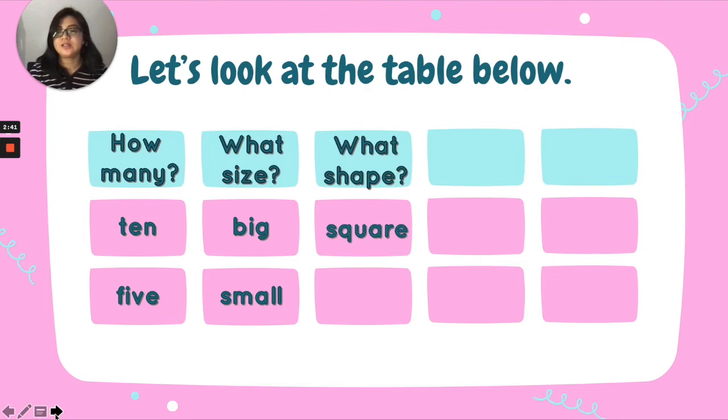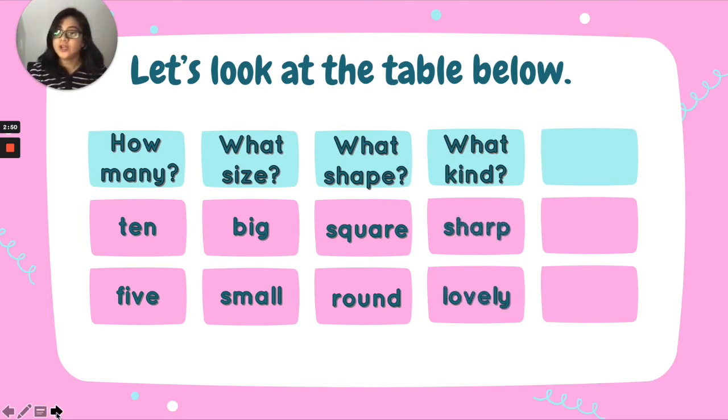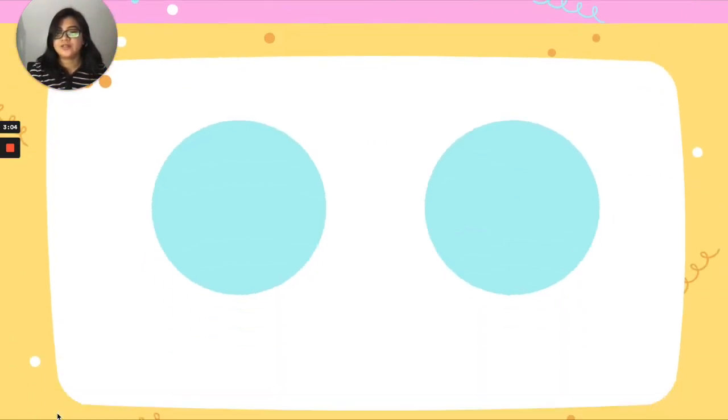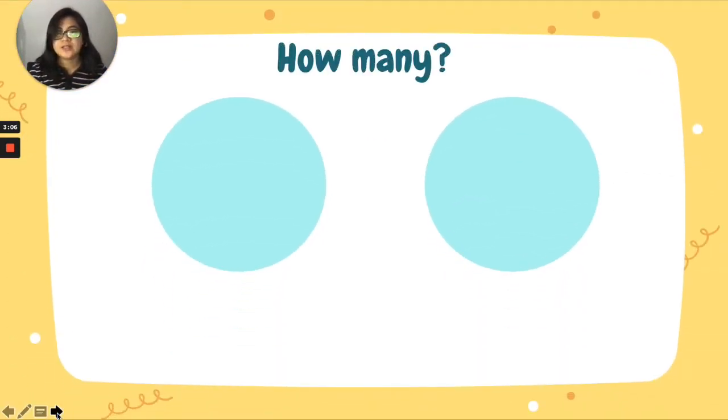Is it a square towel? Is it a round towel? For what kind? It can be sharp, lovely, pretty. For what color? You can say green, white. These are the words in the pink boxes. These are all adjectives. Let's look at some examples.